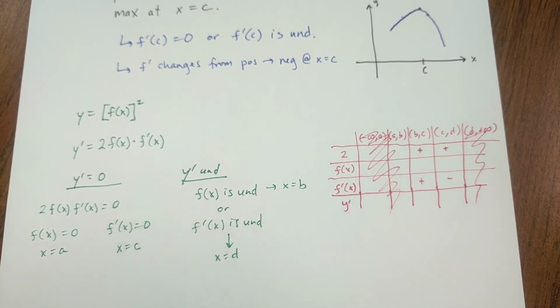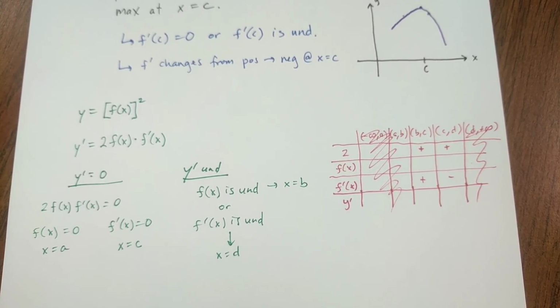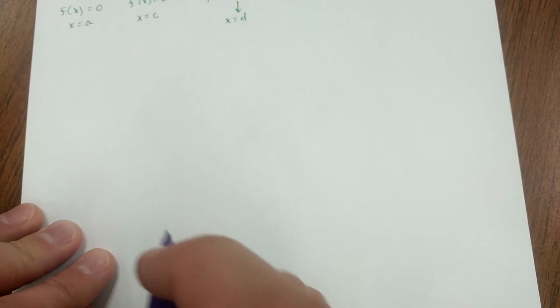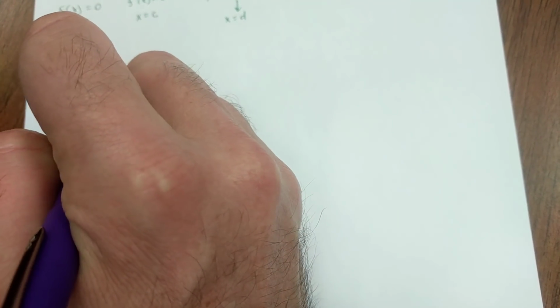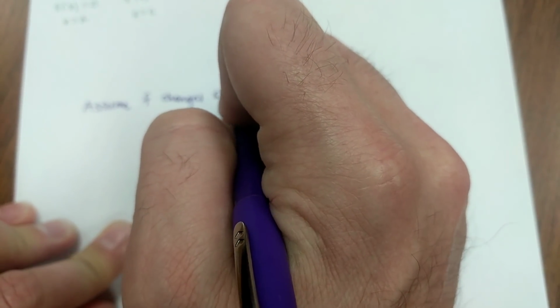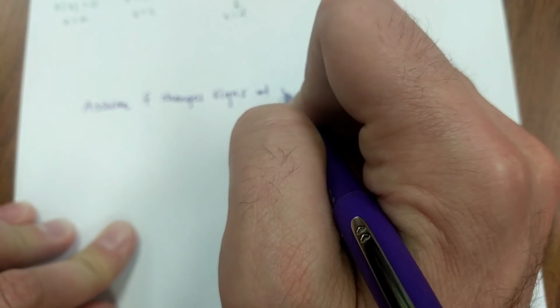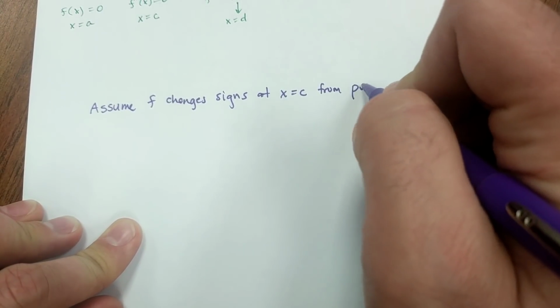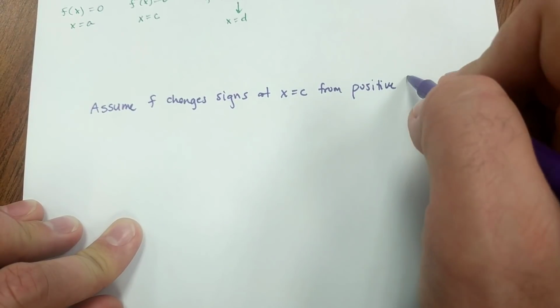So let's go on a little counterexample here. We're going to zoom down to the bottom of the page and assume f changes signs at x equals c, from positive to negative.